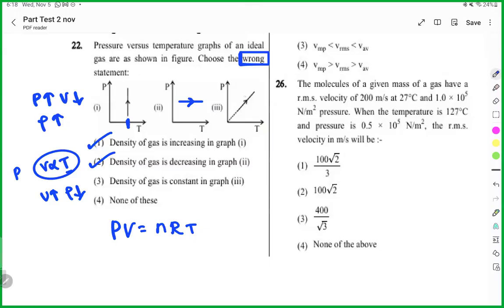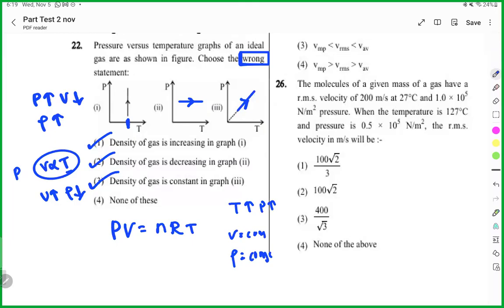Third, pressure is directly proportional to the temperature, Gay-Lussac law. When temperature increases, pressure increases, and volume is constant. If volume is constant, then density will also be constant.